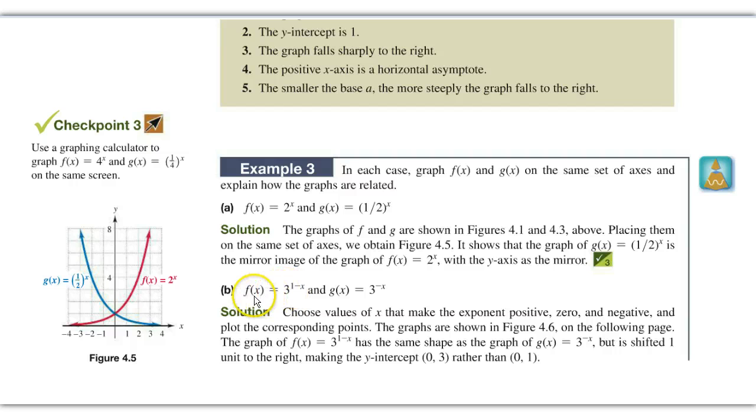Now, as we look at letter B, we have 3 to the first power, which will be a 3, minus x.